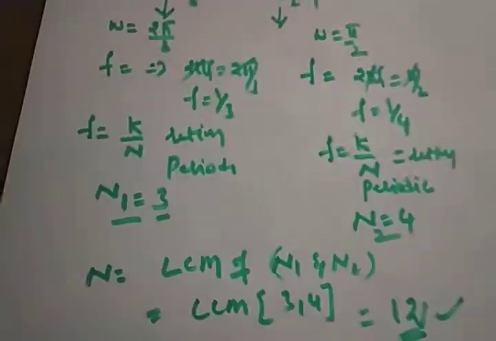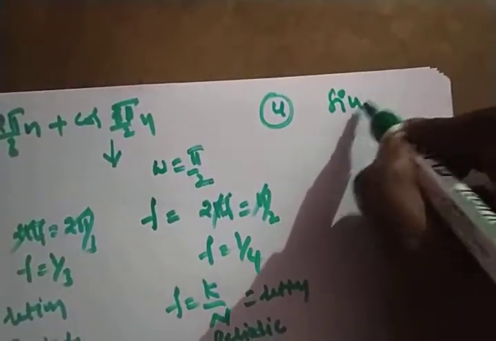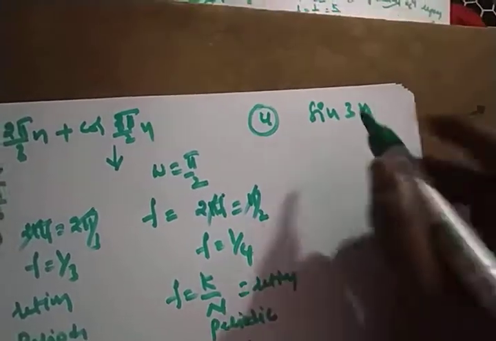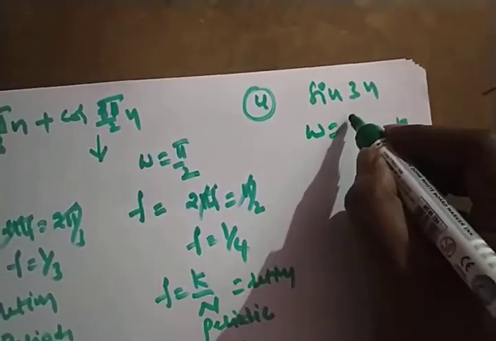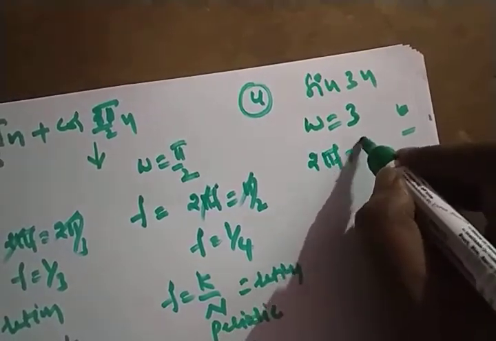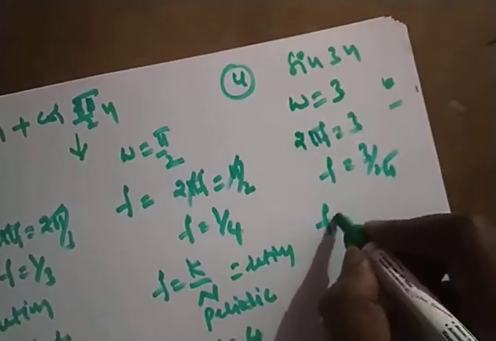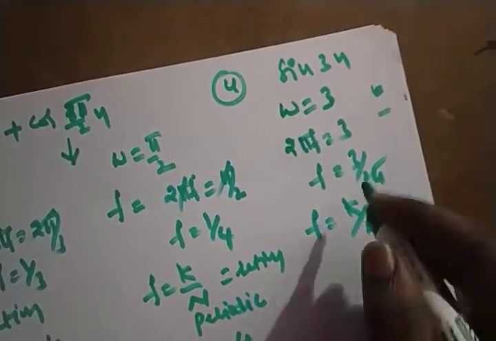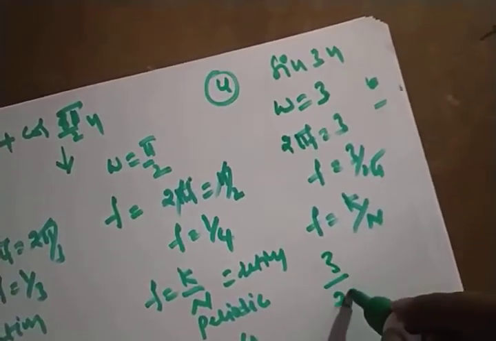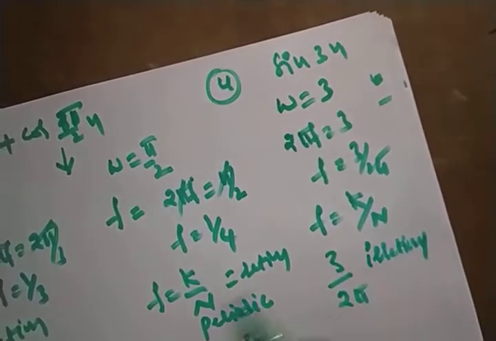For suppose another one is given, sin(3n). What is that? Omega is equal to 3. So what is f? 2πf = 3, so f = 3/(2π). That means f should be k/N. Is it rational or irrational? 3/(2π). Pi is there, so it is an irrational number. If it is an irrational number, is it periodic or non-periodic?